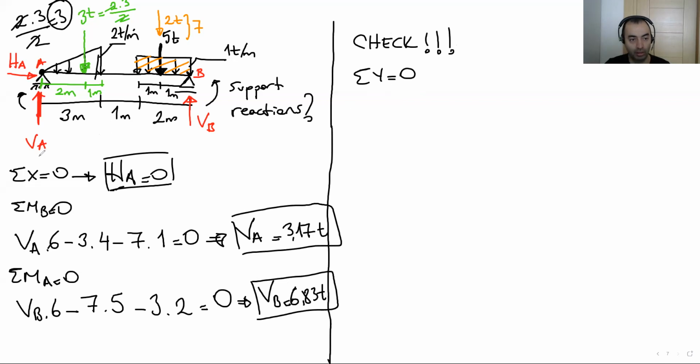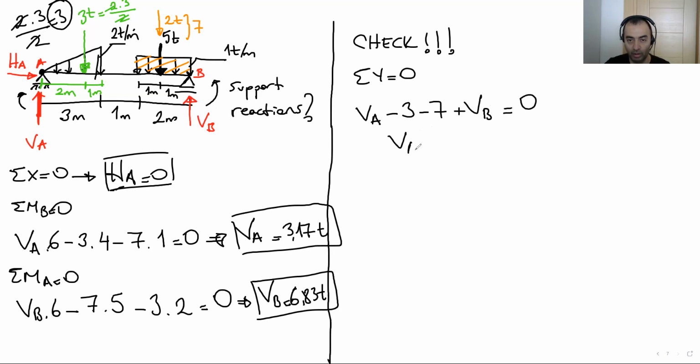Let's do it together. Vertical A in positive direction, 3 in negative direction. Totally 7 here goes down in negative direction, and vertical B goes up. Equals 0.